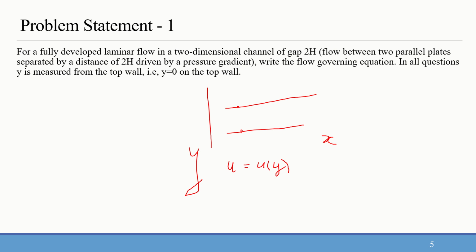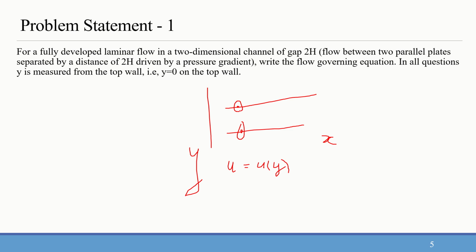If the wall is moving, the velocity at that point will be the velocity of the wall, or if the wall is stationary, the velocity will be 0. That is the no slip condition which we apply most of the time. Here it is not given anything with regards to the motion of the wall, so we are just taking 0 at both the walls, and it will be increasing towards the center.